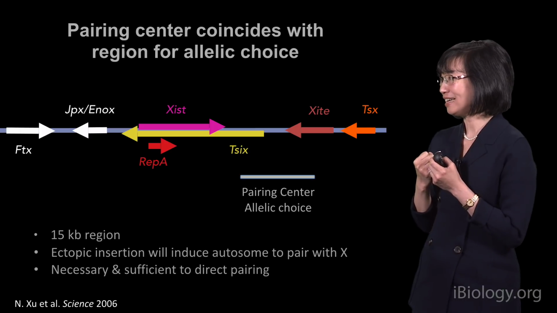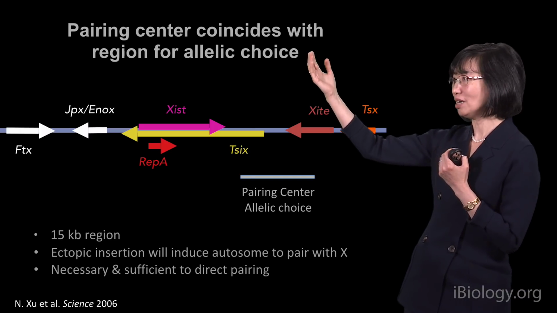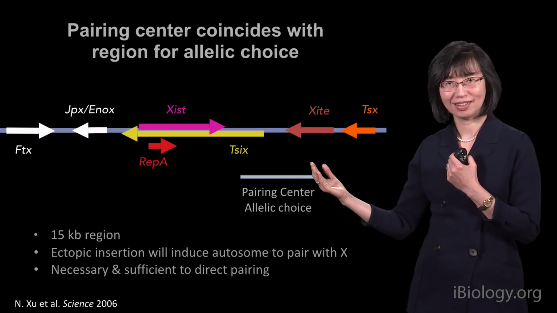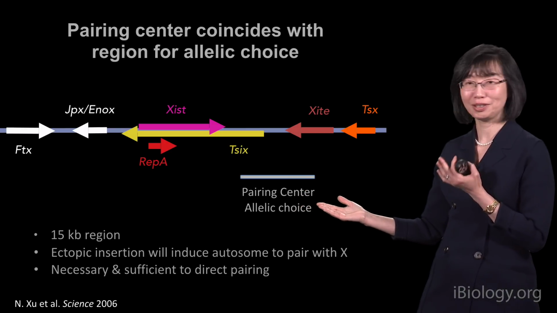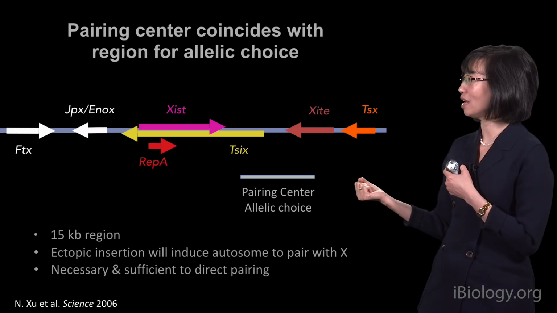In support of that idea, here we've shown that the center responsible for pairing is the same region that's responsible for allelic choice. It's the same white bar that you saw a few slides earlier.